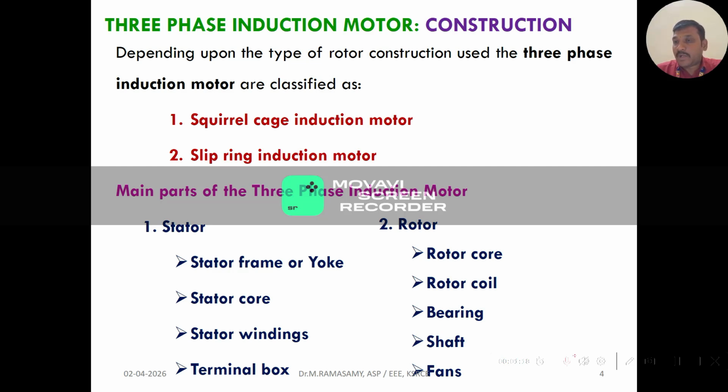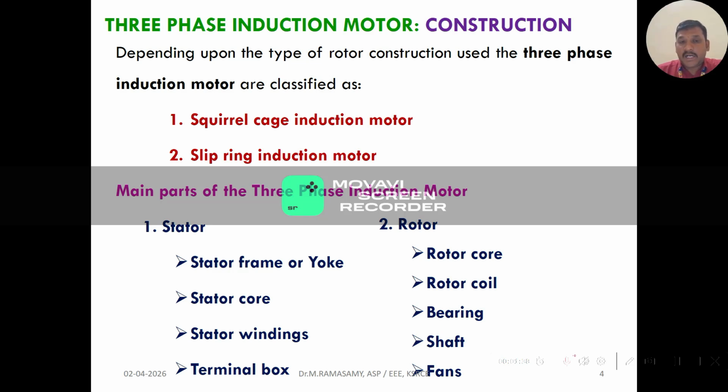As per this formula, the synchronous speed of the machine depends on the frequency and number of poles. The number of poles is decided at the designing stage itself, so the machine speed is directly proportional to the applied frequency.